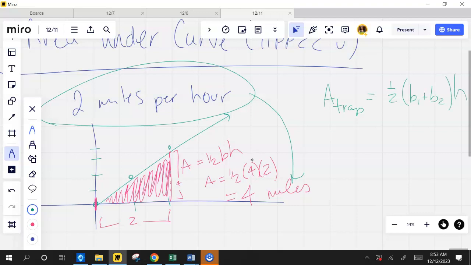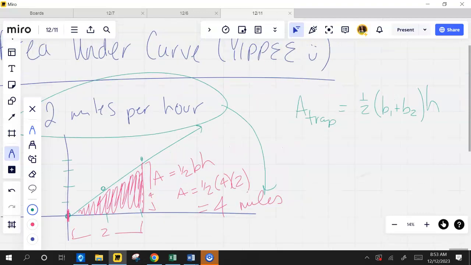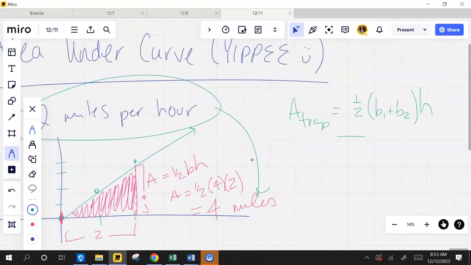Okay. 2 sets of parallel sides. It's a type of parallelogram, yes. Base 1, base 2. And here's your height. Drop down at 90 degrees. We will use that a lot.